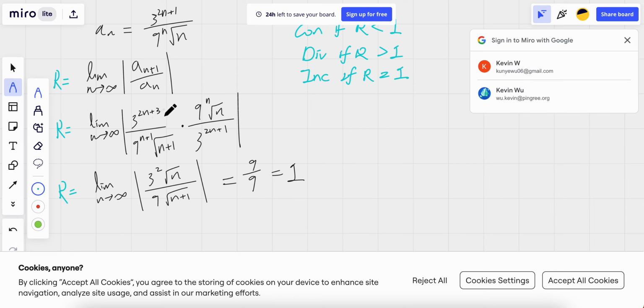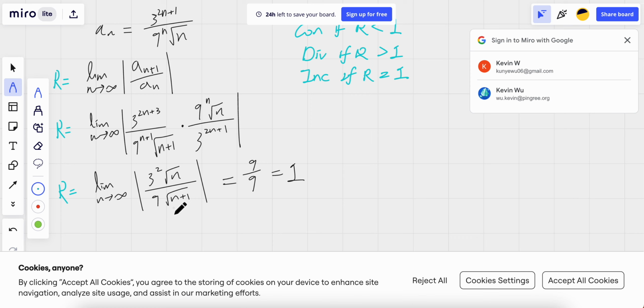So we just have 3 to the third over 3 to the first, which leaves 3 squared, or 9, up here. And the same thing here: 9 to the n plus 1 is the same as 9 to the n times 9, and we have 9 to the n here, so those cancel, leaving me with a 9 here.